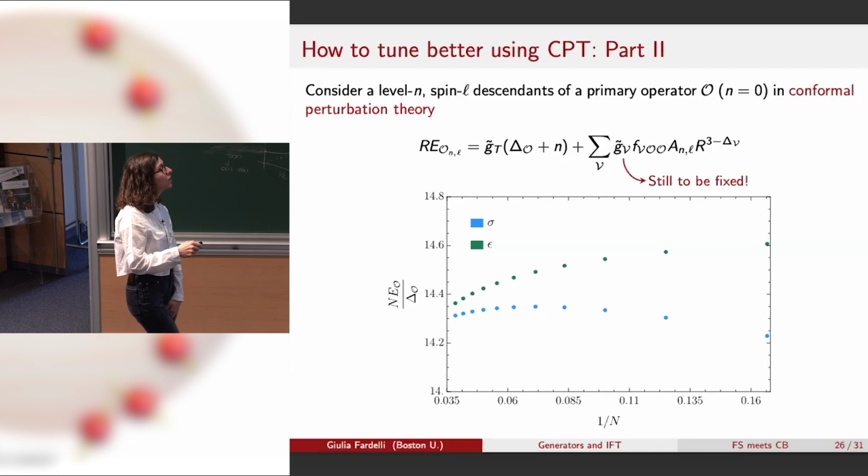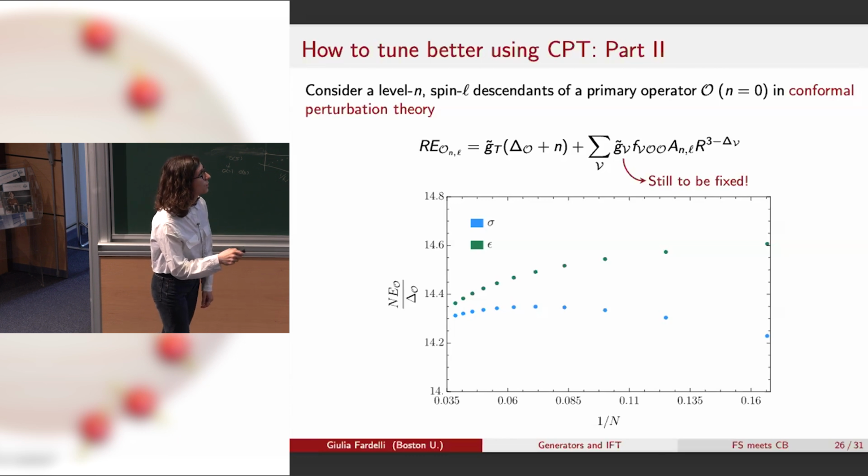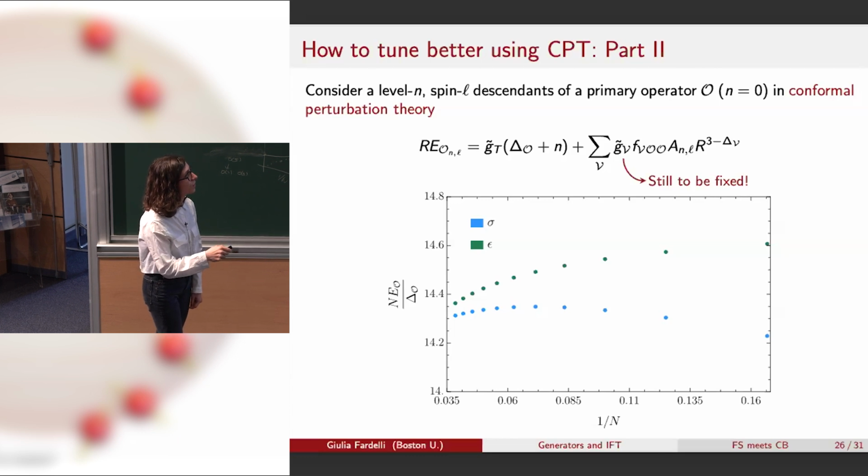Ideally, if these were all 0, you would expect this to be flat as a function of 1 over n, but that is not actually the case. So this is just an additional motivation why maybe we have to do this tuning better.